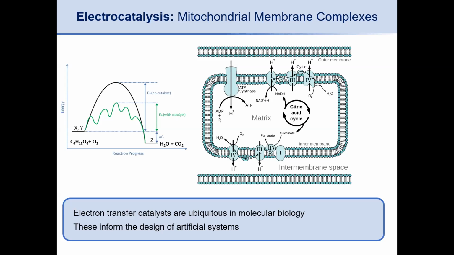This is an industrially challenging process that we would, for obvious reasons, like to do, but we can't because it's quite energy intensive to get over the activation barrier required to do that. But biology does it at room temperature with just sunlight.